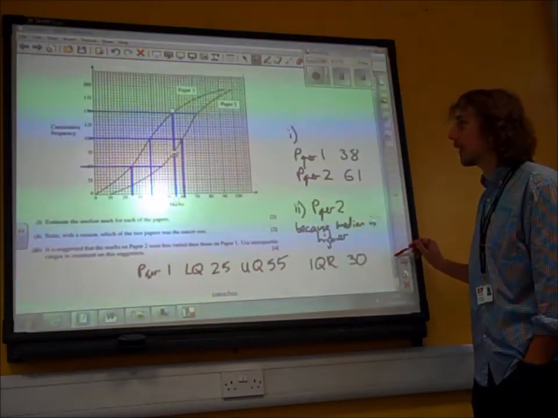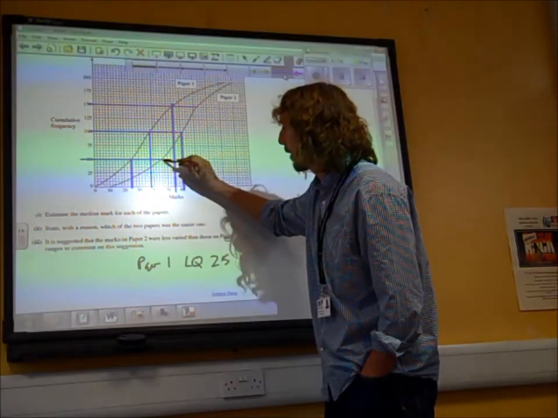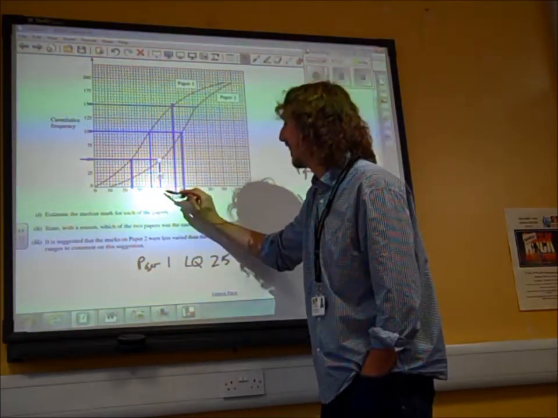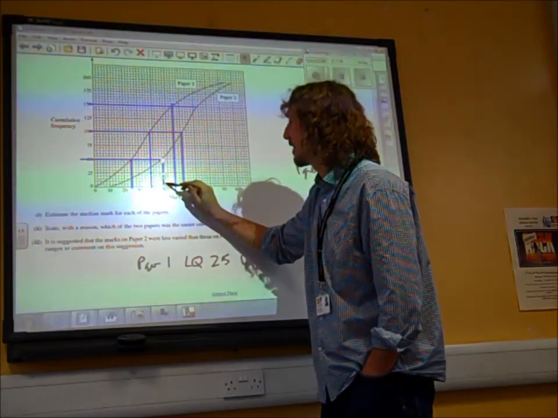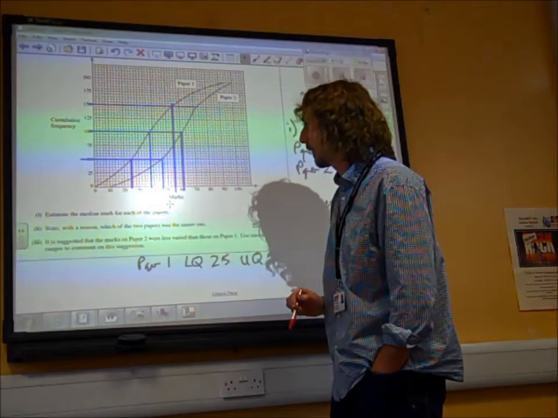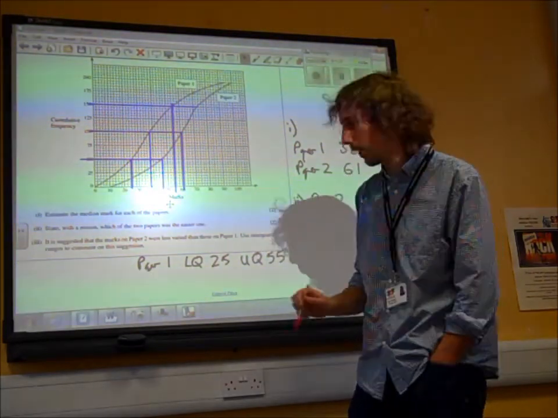If we do the same things for paper 2, here it comes. Missed again. There we go. We're at 46. Does that look about right for the lower quartile?